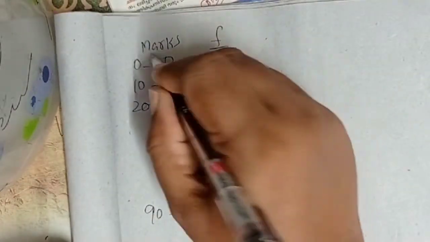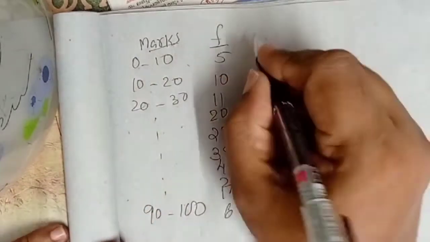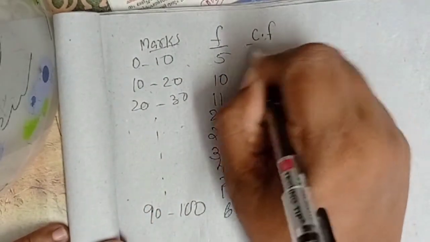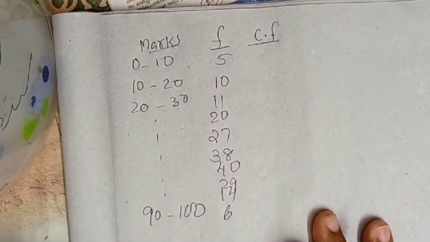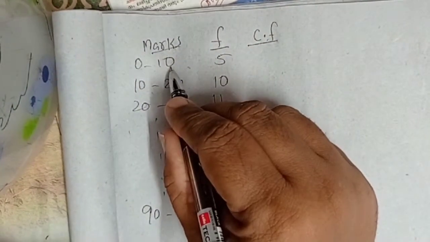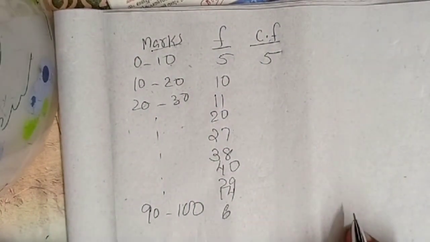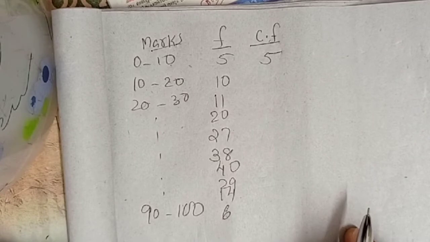This is the F column. To draw the ogive, we need one more column. Can you say what that is? CF column, very good. What is the CF column? Below 10, how many students? 5 students. Here we draw the less than ogive.